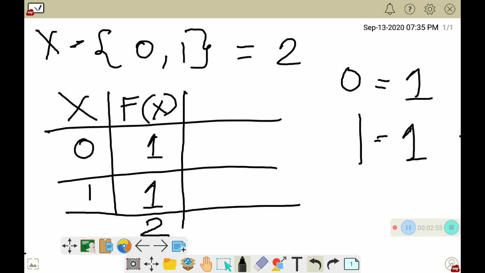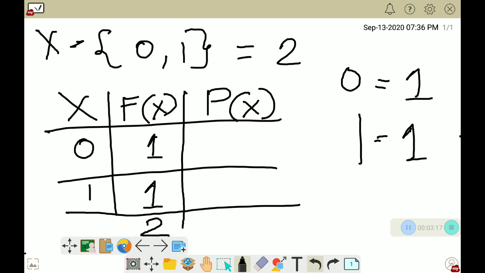Now we will have the probability distribution, the probabilities of each random variable. When I say probability, that is represented by p of x, meaning the probability distribution of random variable x.